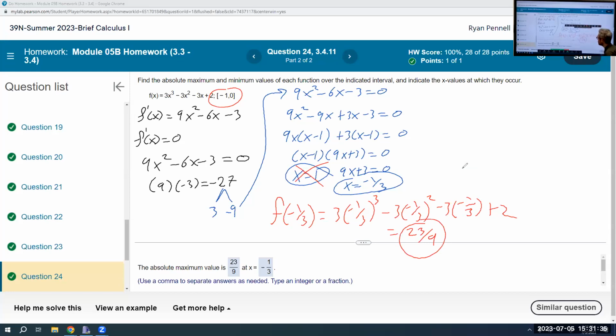So that's one critical point. We also need to check at these boundary points. So we need to also check f of negative 1 and f of 0. Need to check those.